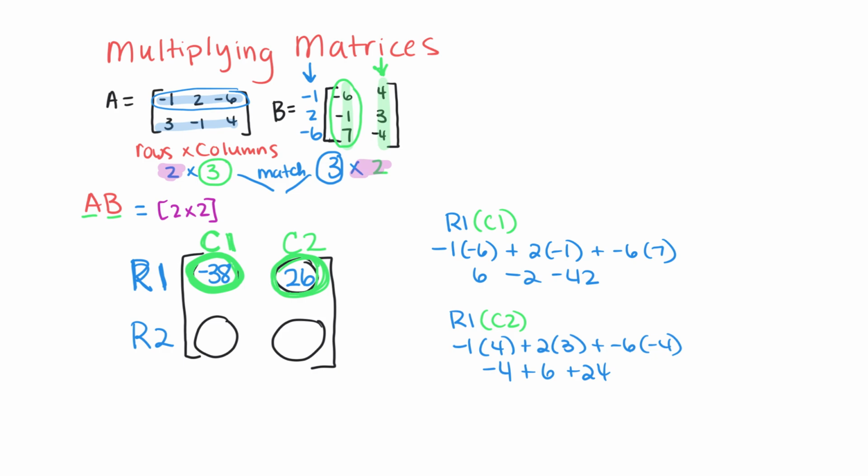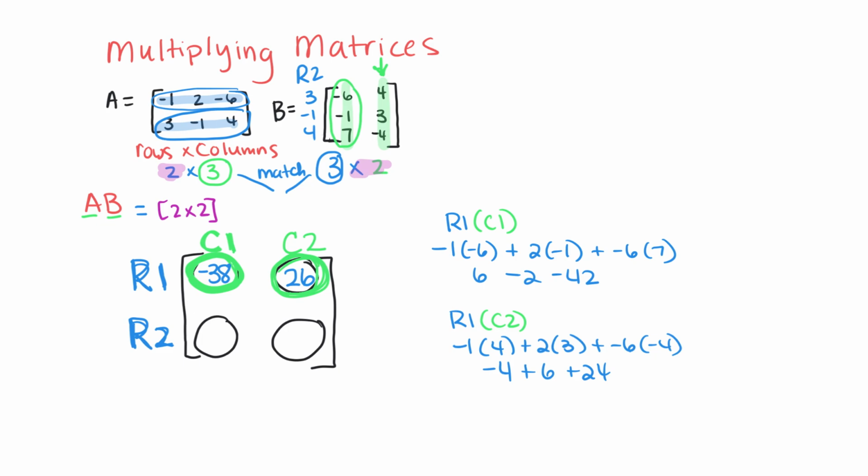The next number is in row 2, column 1. So let's go ahead and erase this row right here, because I'm not going to use that row anymore. And now let's write down the second row. So now I'm taking row 2 and writing it right beside it: 3, -1, 4.